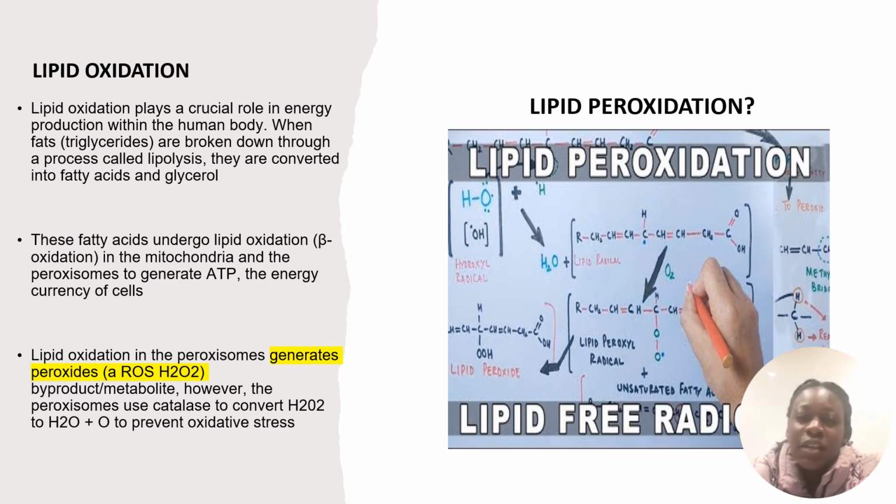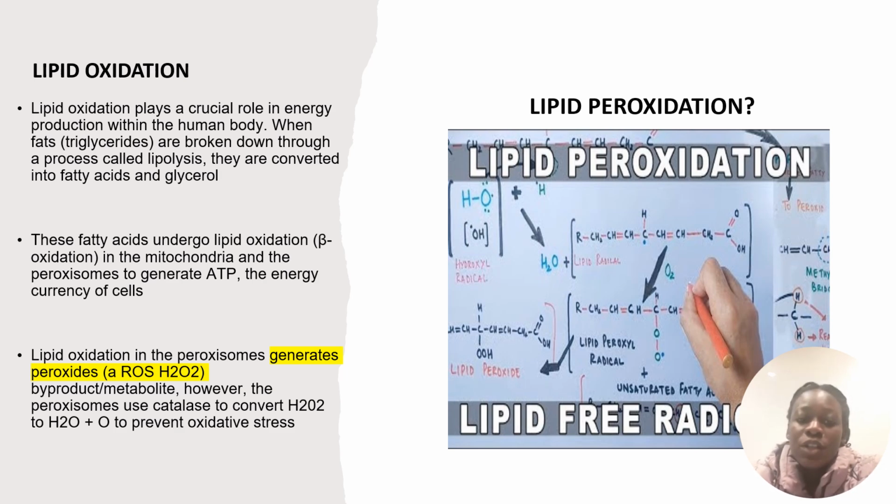To begin, lipid oxidation plays a crucial role in energy production within the human body. When fats, triglycerides, are broken down through a process called lipolysis, they are converted into fatty acids and glycerol. These fatty acids undergo lipid oxidation, also known as beta oxidation, in the mitochondria and in the peroxisomes to generate ATP, the energy currency of cells.